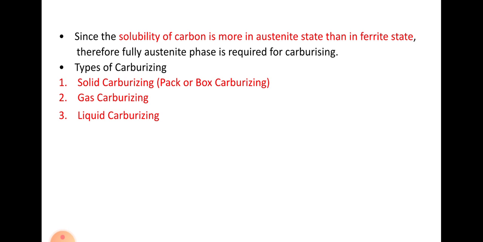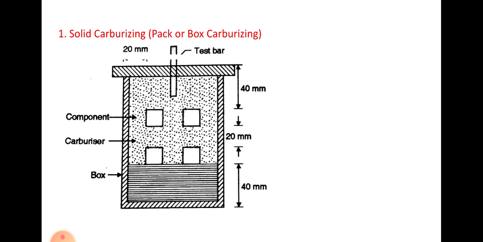Mainly there are various types of carburizing: solid carburizing, which is also called pack or box carburizing; second, gas carburizing; third, liquid carburizing. The diagram shows solid carburizing, where we use a solid material such as BaCO3, which is heated to the carburizing temperature and then hardness increases.